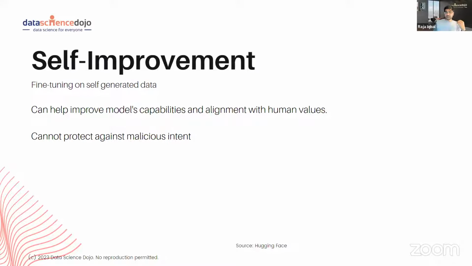Then there is this concept of self-improvement, where the model learns on its own. It generates its own data. Imagine ChatGPT or Bard have been trained on some data, and now I ask a new question.